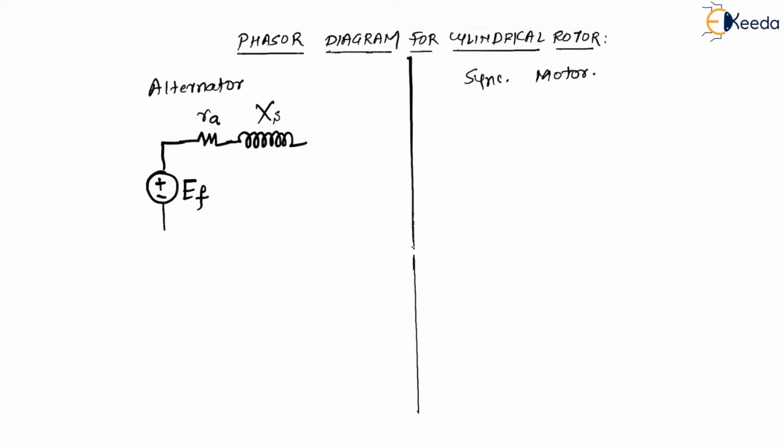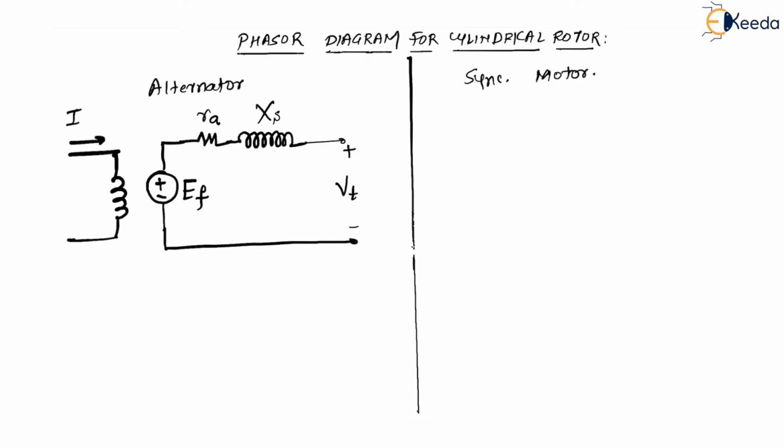Then you will definitely have the voltage VT here. And you will have some excitation on the rotor, which is called the field. So this is going to be the IF current flowing. This is nothing but your field winding.